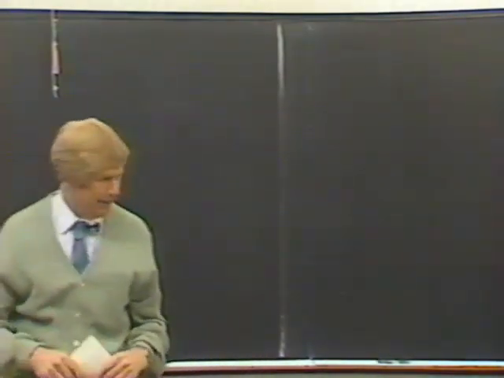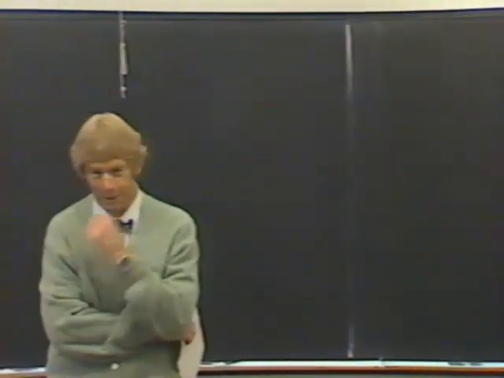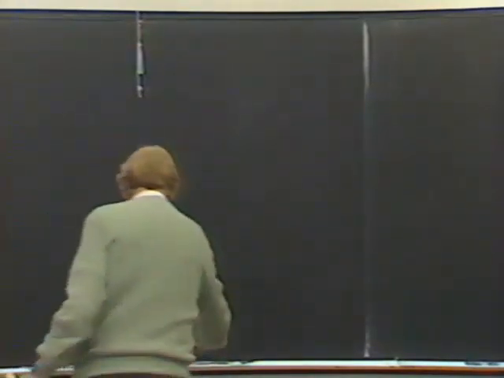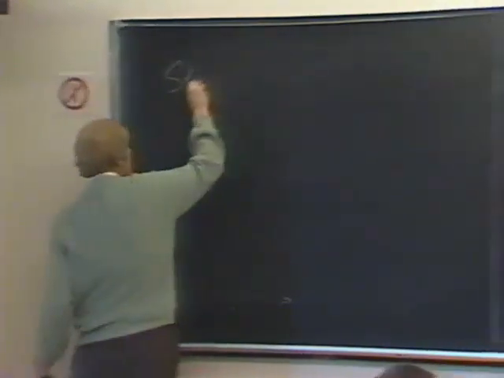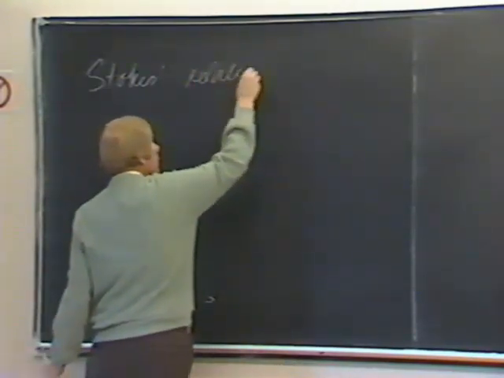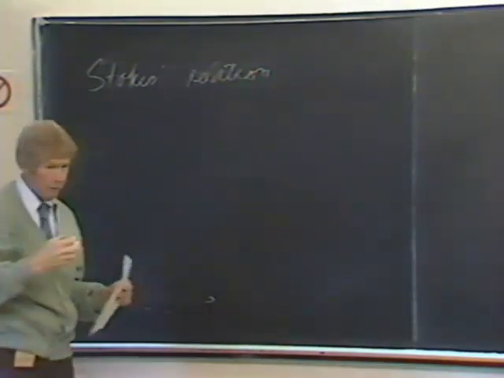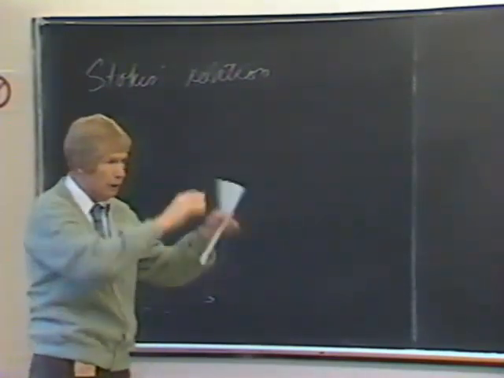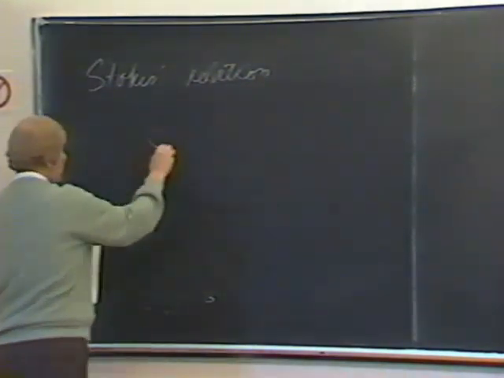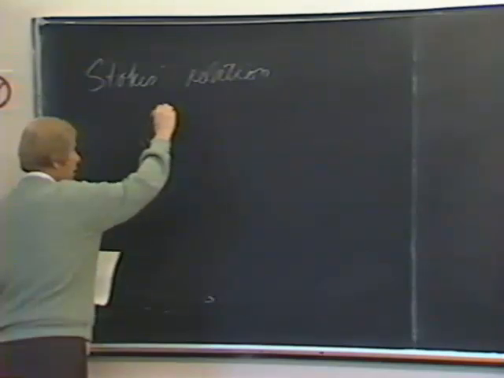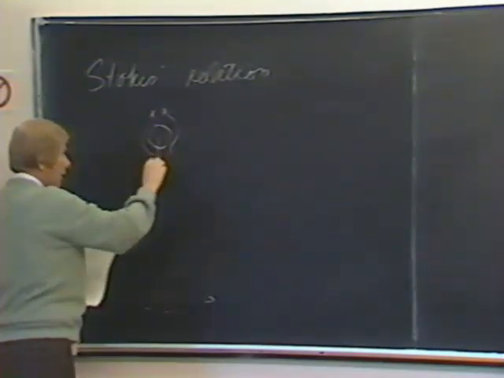Okay, last hour we were talking about sedimentation, deposition, and the first part was settling velocities. And I listed Stokes relation, which assumed that the inertial forces were negligible. That is, that the water flowed around a settling particle with just viscous resistance to flow, and that the settling velocity was constant.